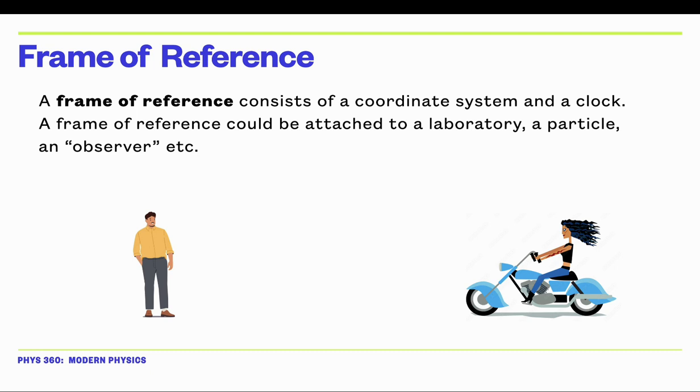A frame of reference consists of a set of coordinate axes and a clock. So, for example, the person on the left who's standing there might have a clock that tells him the time and an origin and axes defining coordinates to measure some event.